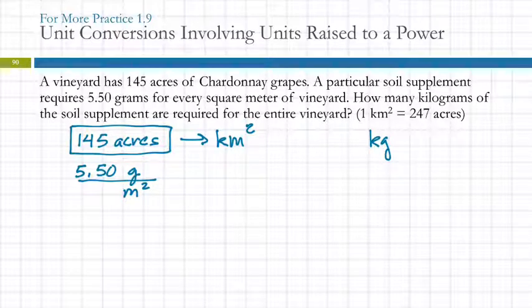Neither of these are grams or square meters, but are they kind of close? Yeah. Grams is like kilograms, right? If we got grams, we could go to kilograms because we know what kilo means. And then square kilometers, square meters, well, that's what we just learned how to do. So meters squared in here, this is the relationship that gets us between square meters and grams.